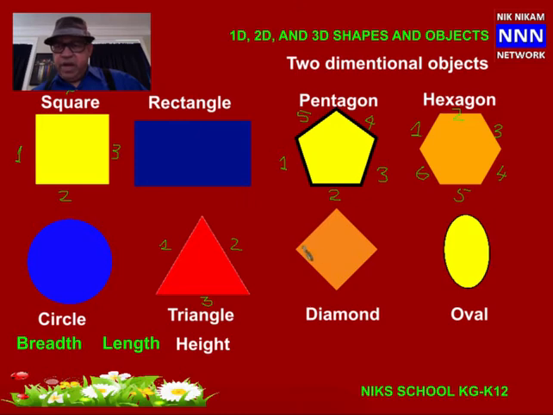This is called a diamond. Diamond has 4 sides, and as you can see, let's see if you can write down here. A diamond has 1, 2, 3, and 4 sides, but its shape is different.